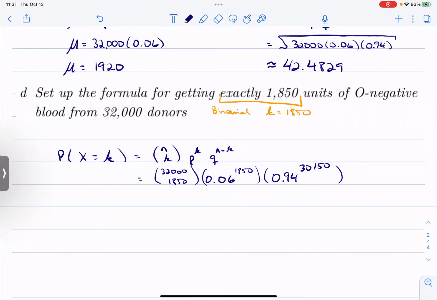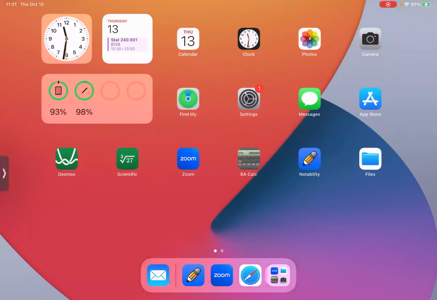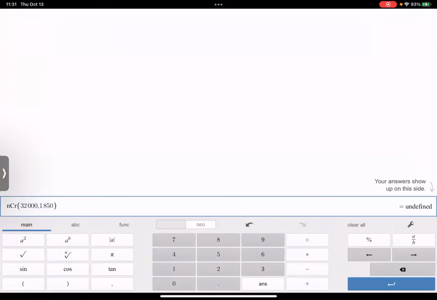I think on this calculator, it gives me math error, and on this calculator, I did it earlier, I use the choose function, 32,000 choose 1,850, and it's saying, I don't want to do that, undefined. So usually it doesn't want to do that. Why doesn't it want to do that? What are we asking it to do essentially?